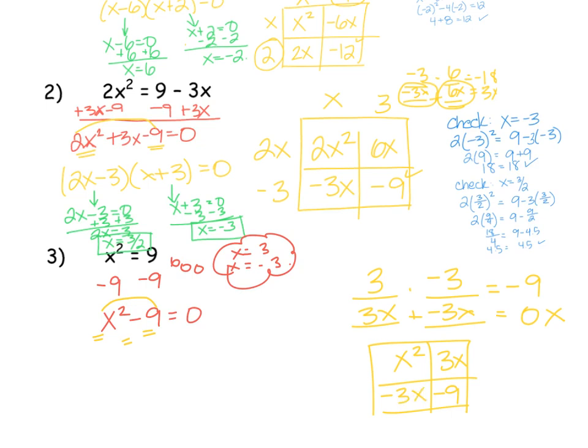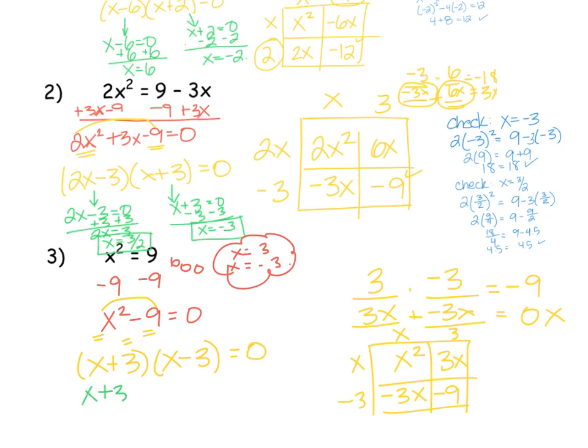My GCF on the top row is x. X times x is x squared. X times 3 is 3x. X times x is x squared, and x times negative 3 is negative 3x. So my factors are x plus 3 times x minus 3 equals 0, and I can then set each factor equal to 0.